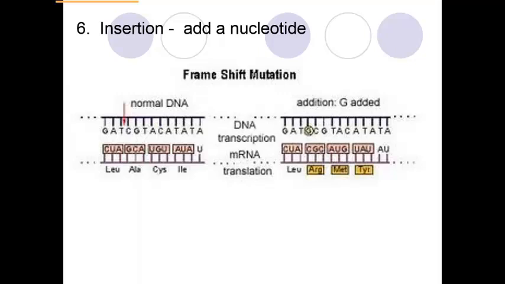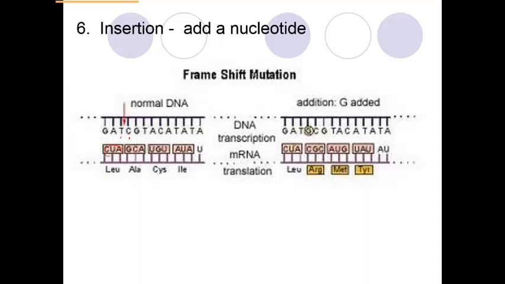So let's just look at an insertion. This is where you add a nucleotide. So if you take a look at what your normal DNA should have been, and then this would be the ultimate mRNAs and your amino acids. So we have transcription and translation here. All we've done is in this spot, where they have this arrow between the T and the C, they've added a letter.